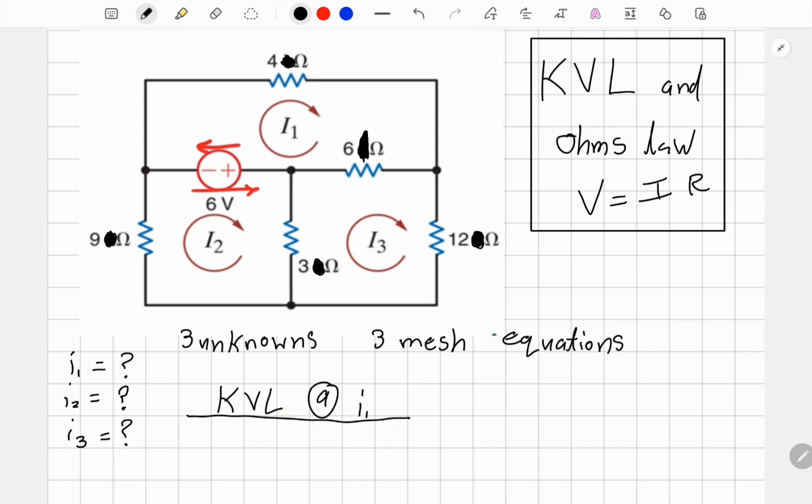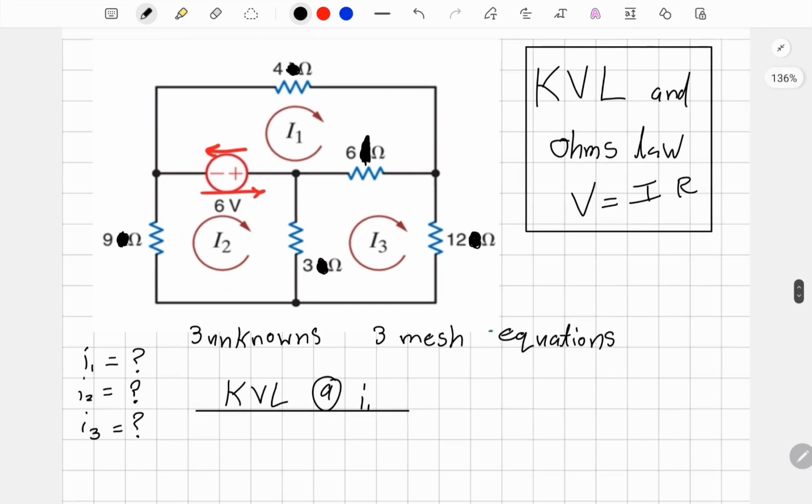Now, similar to the nodal analysis technique, in our mesh equation we make whatever we're looking at for the KVL positive. If we're doing KVL at I1, we make I1 positive. If it was KVL at I2, then I2 would be positive. But since we're looking at I1's KVL, we make that specifically positive. And that is the shortcut technique.